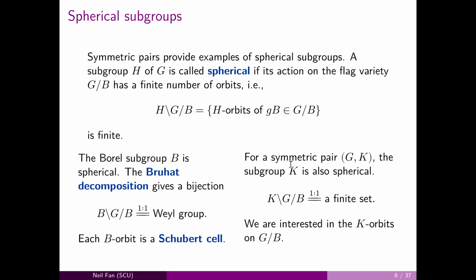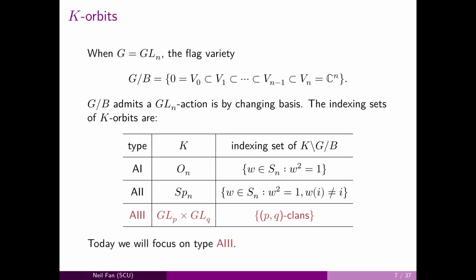For a symmetric pair (G, K), the subgroup K is also spherical. So we want to study the orbits of K on G/B. When G is GL_n, the flag variety G/B is the space of complete flags. Each flag is a nested sequence of subspaces of C^n, and G/B admits a GL_n action by changing basis.